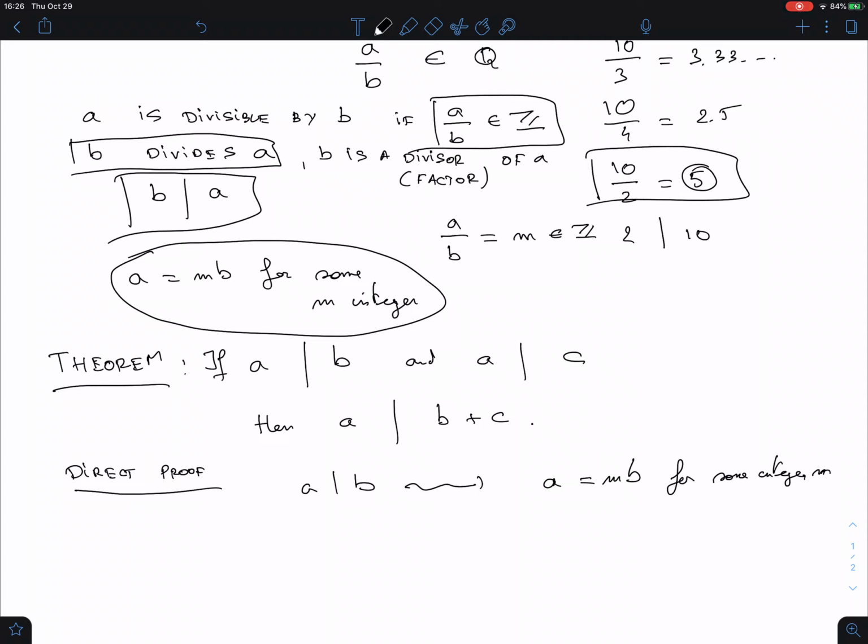Now, remember, what's the direct proof? You assume, as a direct proof says, the hypothesis, A divides B, and also A divides C, and then what is to be shown is that A divides B plus C. Can I test you quickly on something that we discussed about these proofs? What are A, B, and C here? Well, they're integers, but which ones?